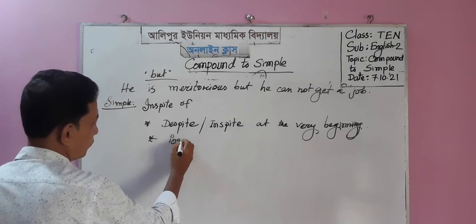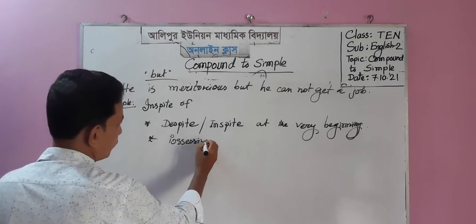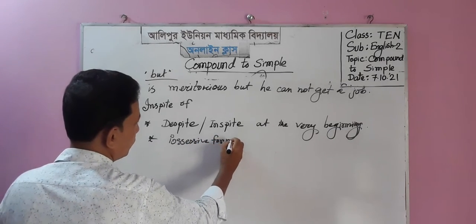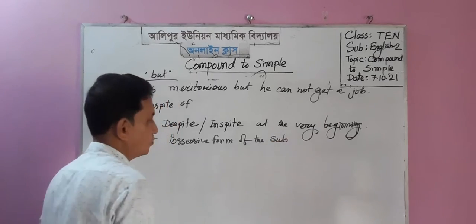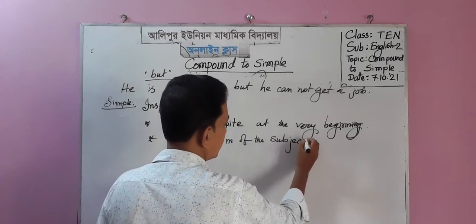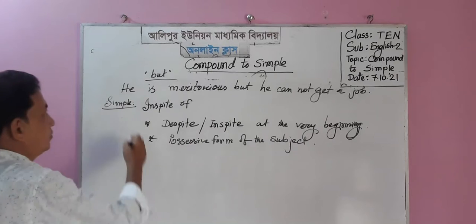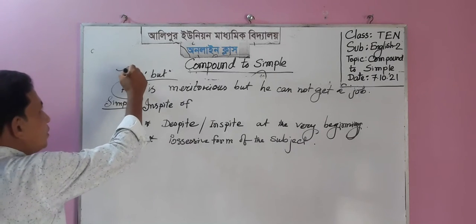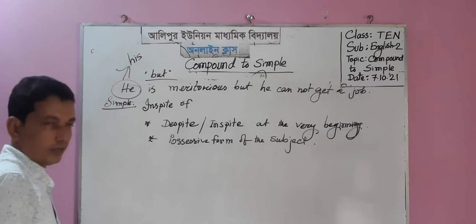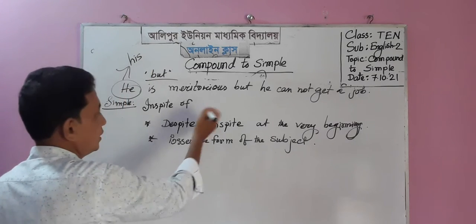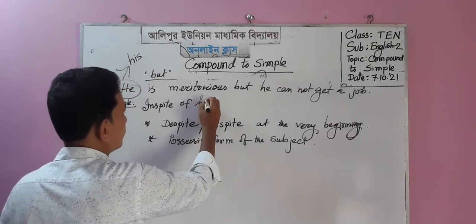Next, the possessive form of the subject. The subject is he. The possessive form of he is his. Okay, dear learner. So we may write here his.